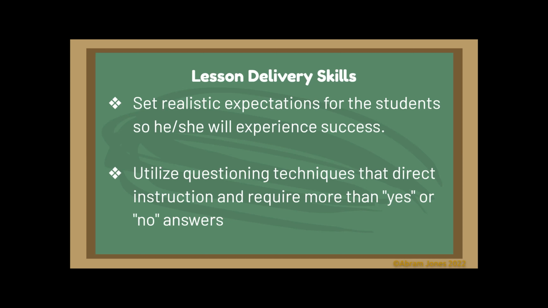If I'm describing it very broadly, we want to make that space able to be crossed by the student, so they'll experience success. So that's why we try to set realistic expectations. And some of that is about differentiation of instruction. All right, we want to use questioning techniques that direct instruction and require more than yes or no answers.